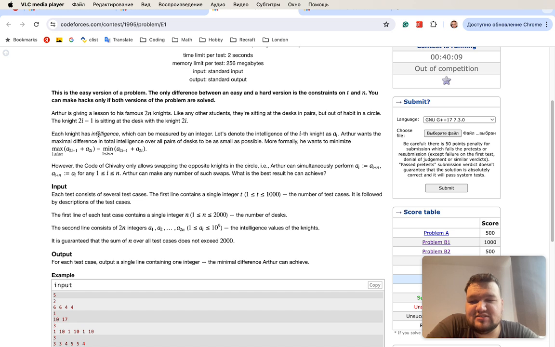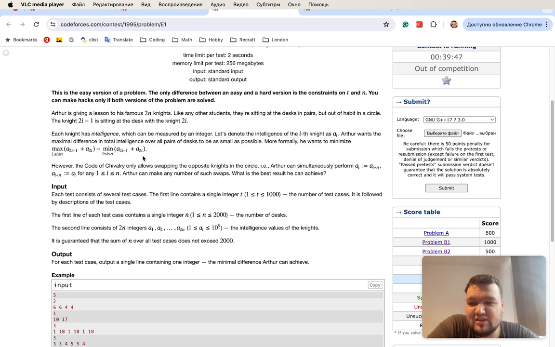Each knight has an intelligence, which can be measured by an integer. Arthur wants the maximal difference in total intelligence over all pairs to be as small as possible. So we calculate the sum in every pair and then take maximum minus minimum.